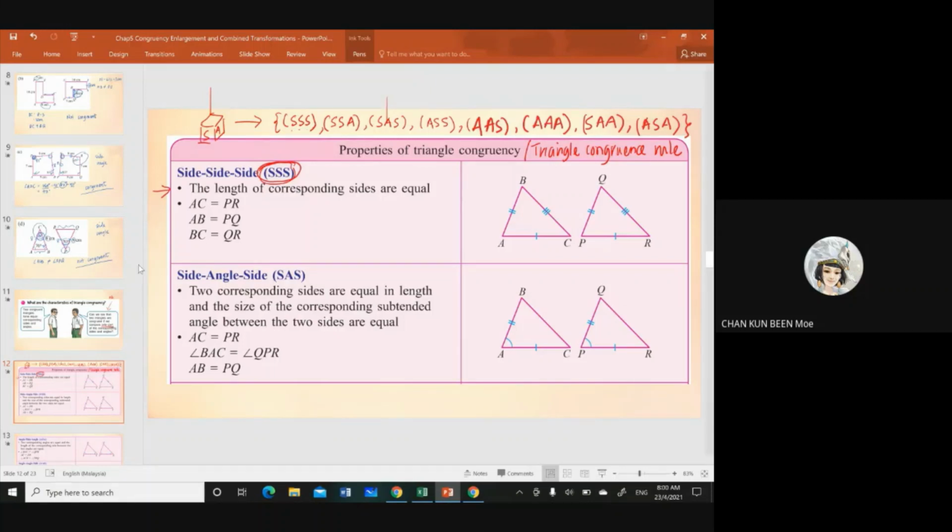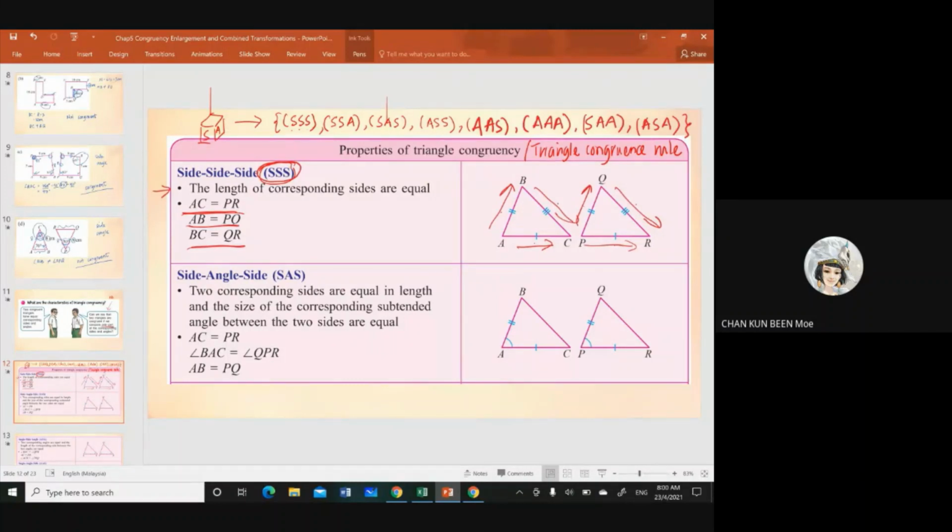So you can look at the diagram on the right over here. All the sides are equal. This one equal to this one equal to this, and this one. They told you AC equal to PR, and then AB equal to PQ, and then BC equal to QR.